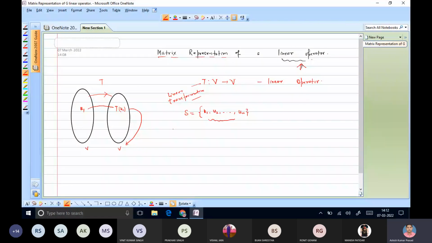So in general TUI is a member of V, therefore I can write TUI as a linear combination of basis elements.